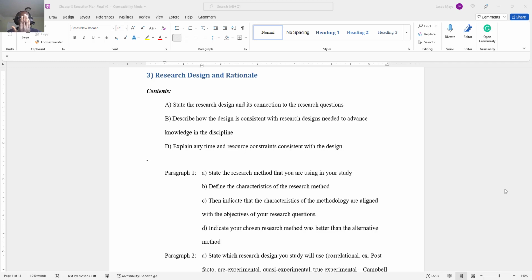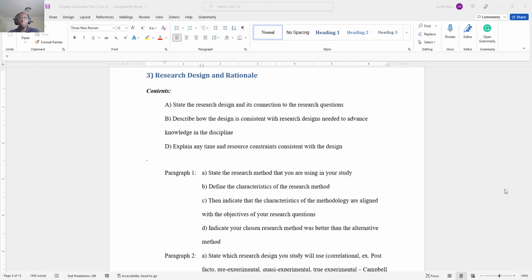Once you talk about each of those characteristics, you're going to talk about how your study aligns with those characteristics to make this method appropriate for your study. So let's say, for example, the quantitative method. One of the characteristics of the quantitative method is that it uses numbers to measure phenomena, right?